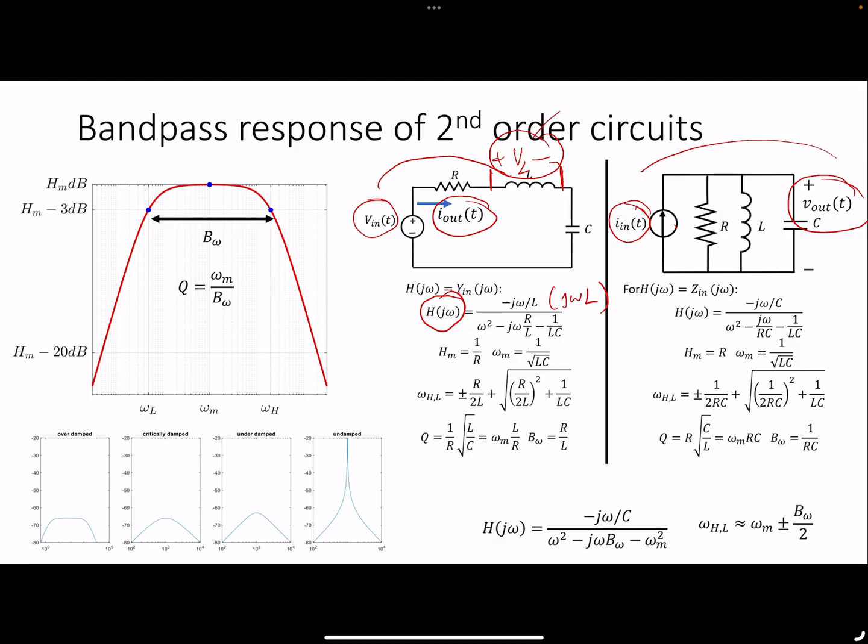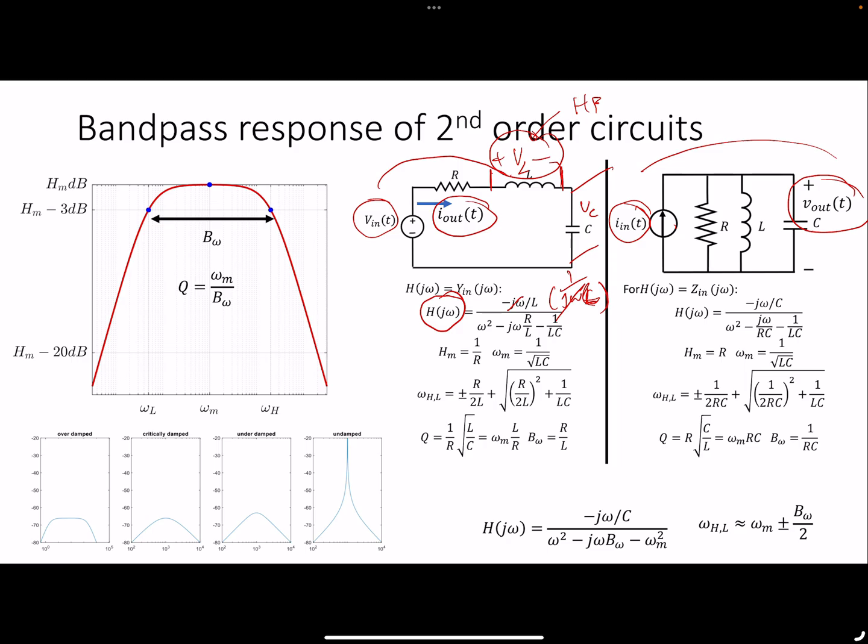So VL is actually a high-pass filter for the series circuit. And if I look at the voltage across the capacitor, that gets multiplied by 1 over j omega C, which will cancel out the j omega dependence in the numerator.